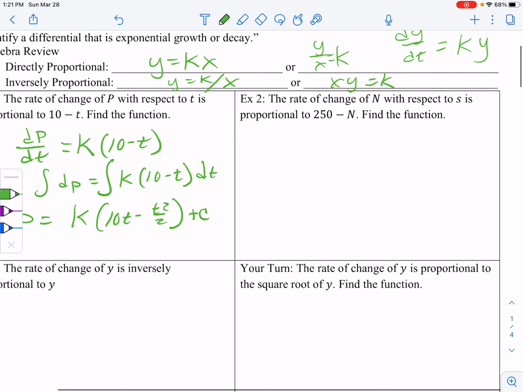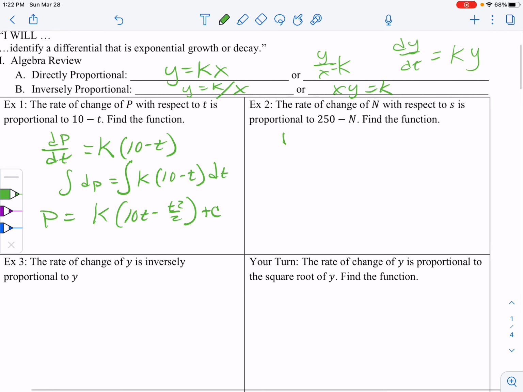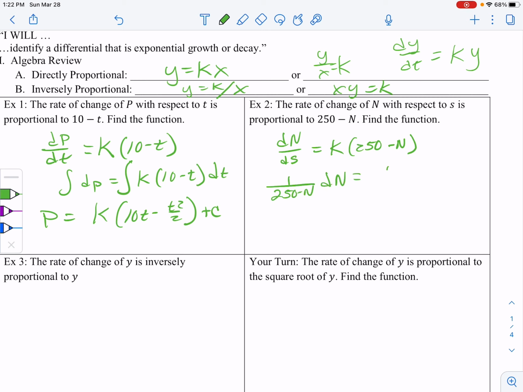The rate of change of n with respect to s, so dn ds, is proportional to 250 minus n. Find the function. So we separate our variables. This has got an n in it, so 1 over 250 minus n dn equals k ds. You've got to do a u-sub here.